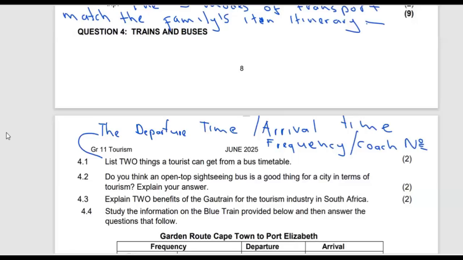Yes, it is actually a good idea in terms of city tourism, simply because a city sightseeing bus allows tourists to follow a specific tourist route.